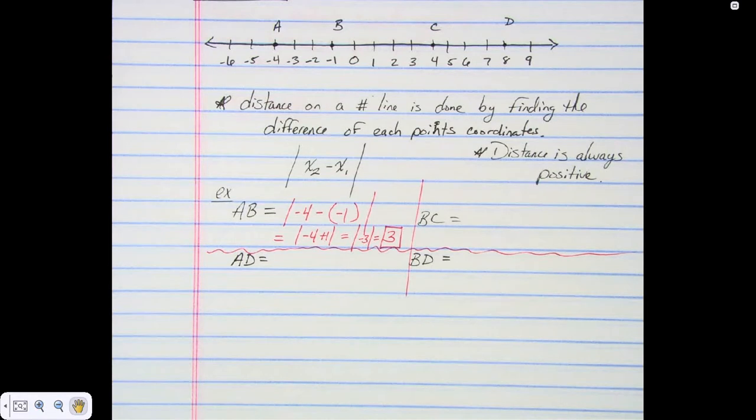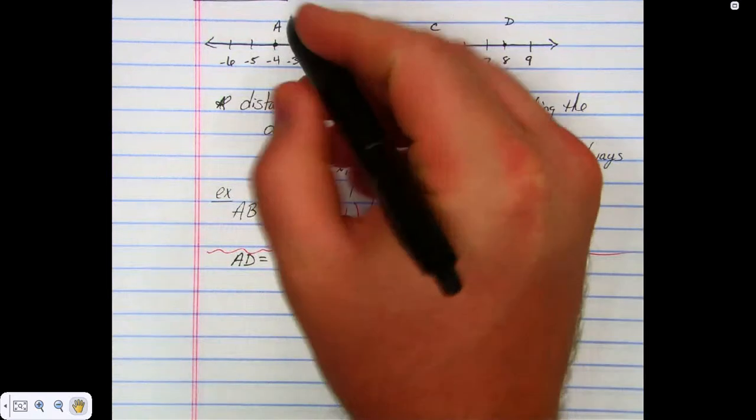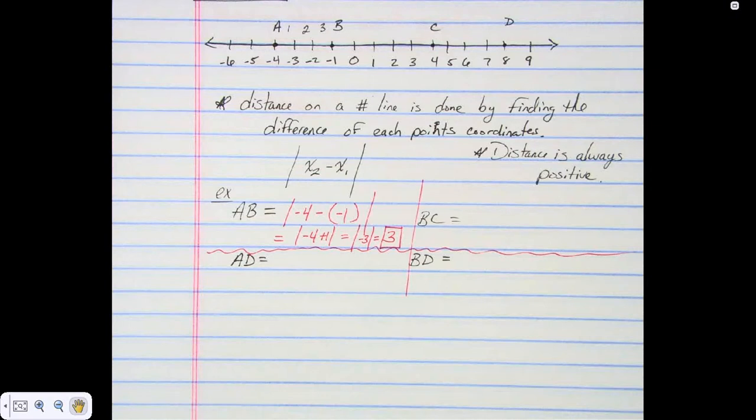Now, stop for a second. How many of you are thinking, why in the world would I go through all of that when I could simply go up here and go 1, 2, 3? I don't blame you.